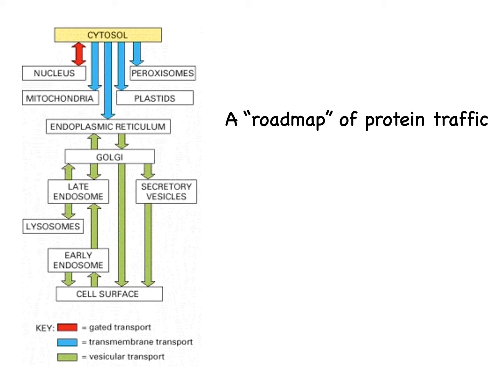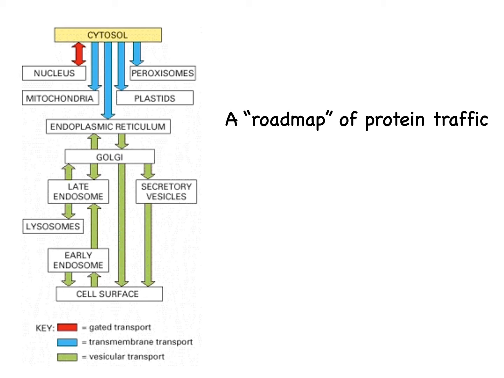Now, proteins that are synthesized in the cytosol in order to get to either the mitochondria or the ER need to cross the membrane, and we'll talk about how that's done. They also move into the peroxisomes by crossing the membrane as well. I'm not going to talk about plastids because those are found in plants, and we're going to ignore plants for the time being.